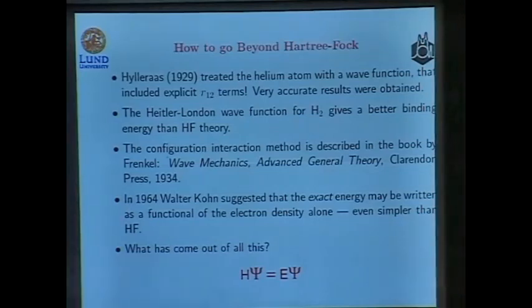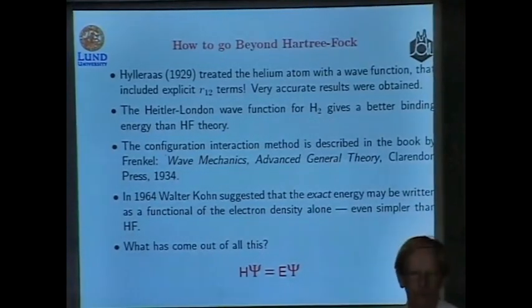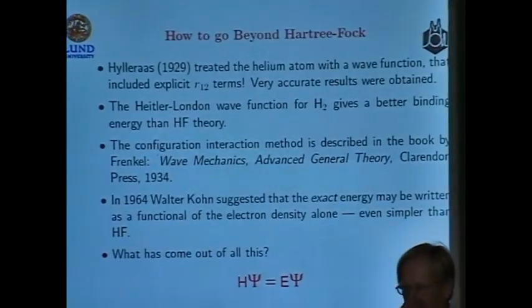Something else, which is called configuration interaction, was already described in 1934 by Frenkel, and is used extensively today. But the most important thing was something that became apparent to the quantum chemists in 1991.